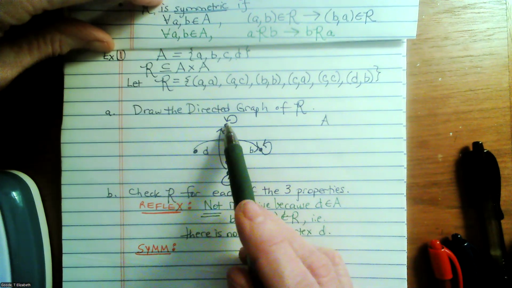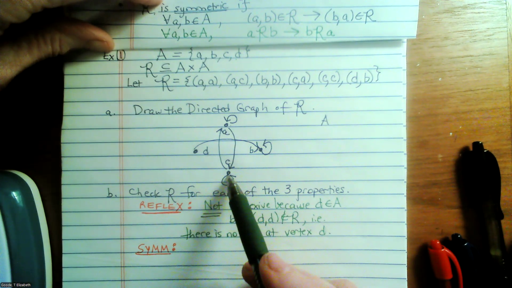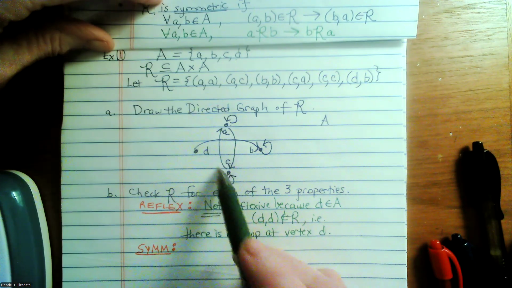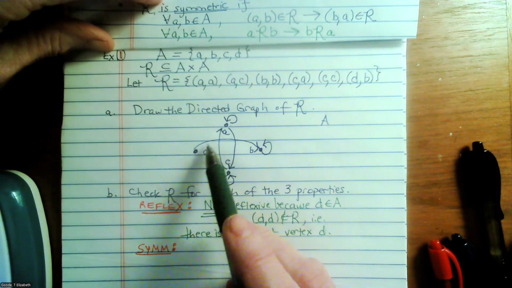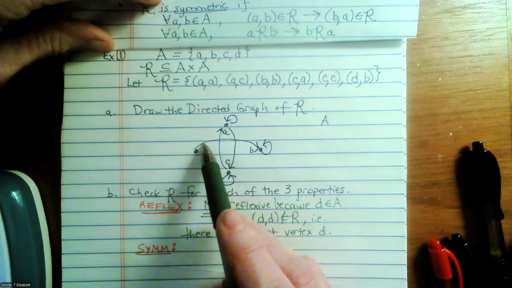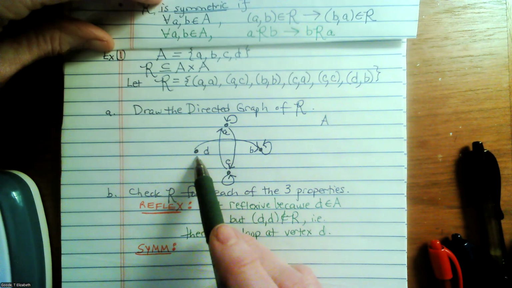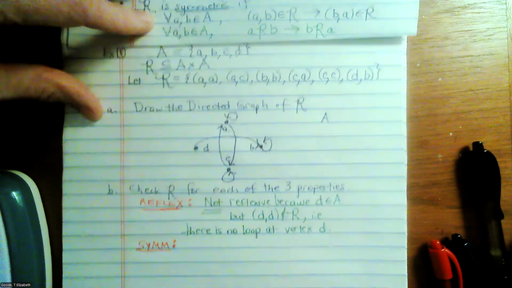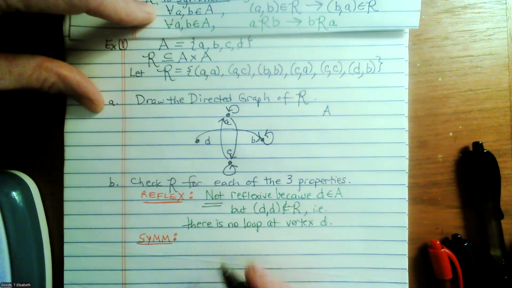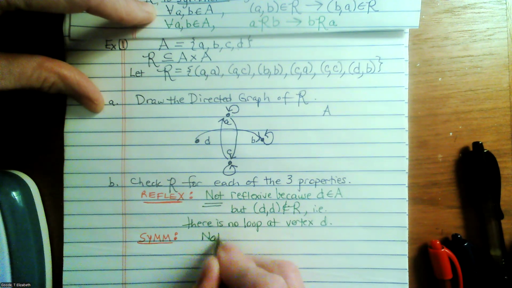So even though we have an edge from A to C and one back from C to A, that's not enough. Here we have an edge from D to B, but we don't have the symmetric twin going back from B to D.